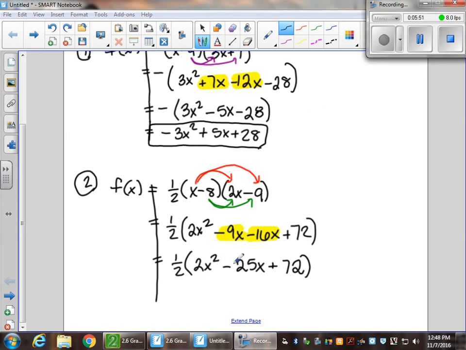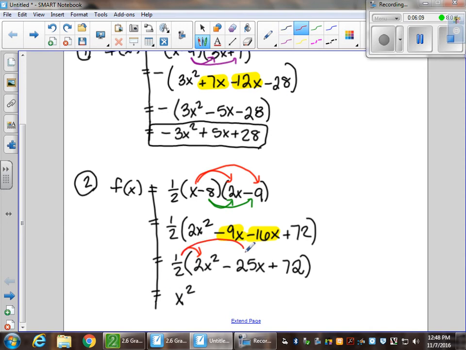Now that there's nothing else that I can combine on the inside, we're ready to distribute 1/2. So 1/2 times 2x squared, half of 2 is 1, so I know that this is x squared. Another way of seeing it, 1/2 times 2 is 1, but we don't have to write the 1.